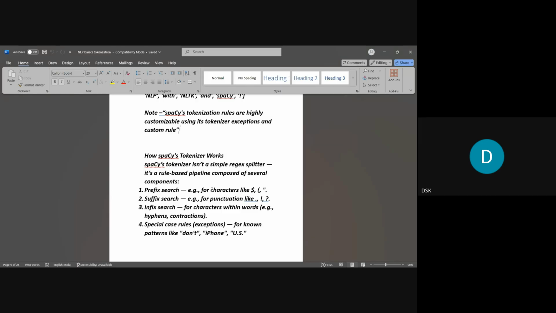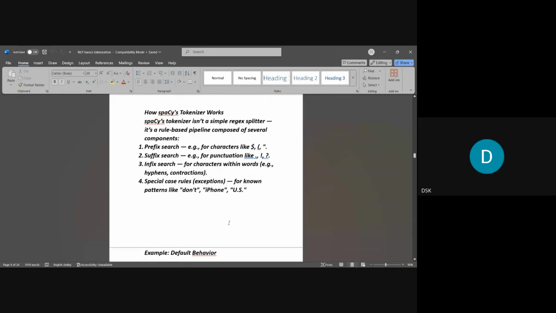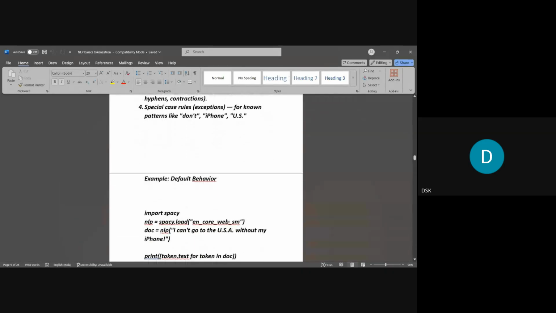Third comes the infix search, which is for characters within words, like hyphens, contractions, etc. And fourth are the special case rules, which are exceptions for known patterns like don't, can't, US. They cannot be split. So these are the special cases, and these are the limitations of spaCy as well.